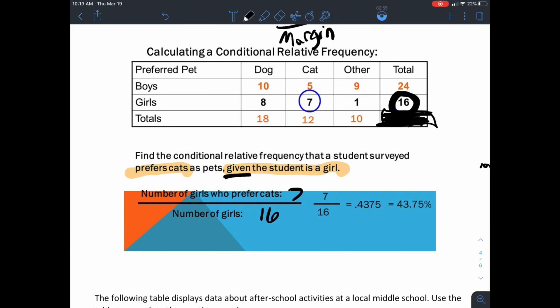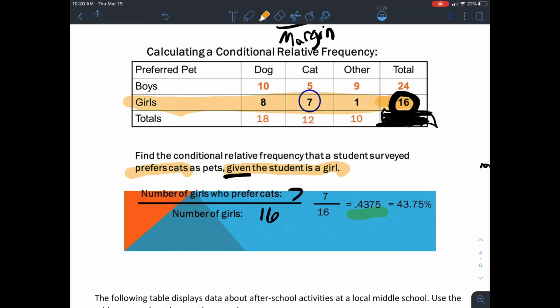So given that the student's a girl means that I can only look at something out of 16. 16 is our new total. It's our new denominator. So how many of those 16 girls preferred cats? 7. 7 girls preferred cats. So 7 over 16 is 43.75%.